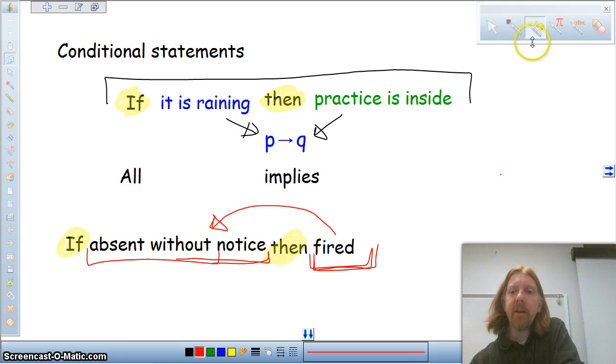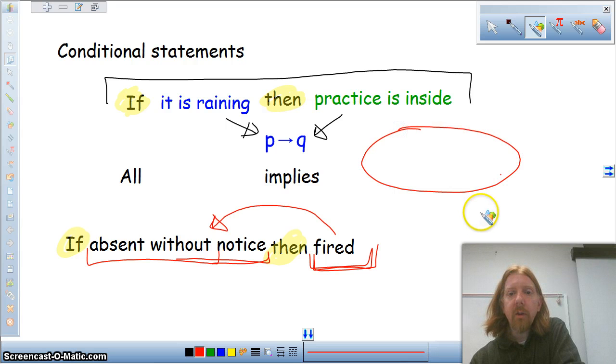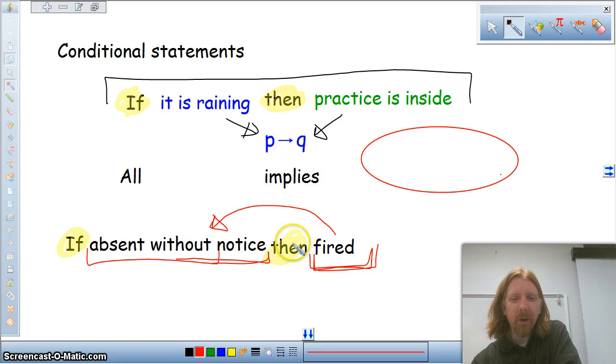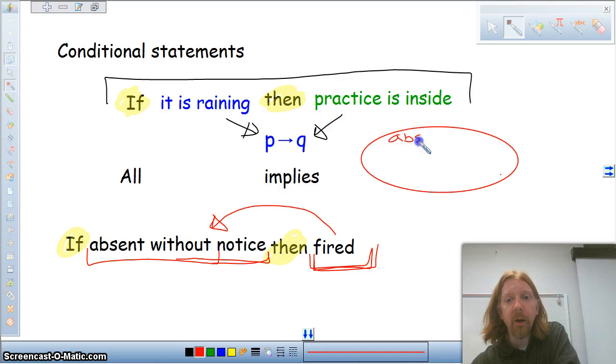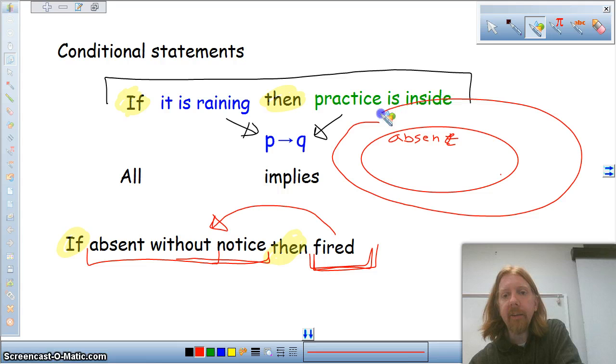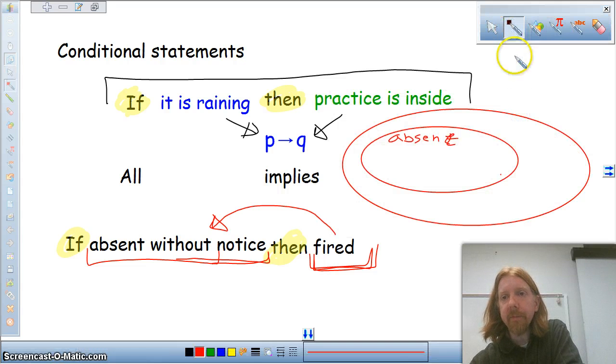We can use a Venn diagram to illustrate these ideas. So if I take an oval there, and I'm going to label this oval, again, we're going to use the example we talked about the character who was going to get fired for being absent or skipping work. Everyone who is absent is going to get fired. So that means that being absent from work is inside the circle that represents people who get fired.